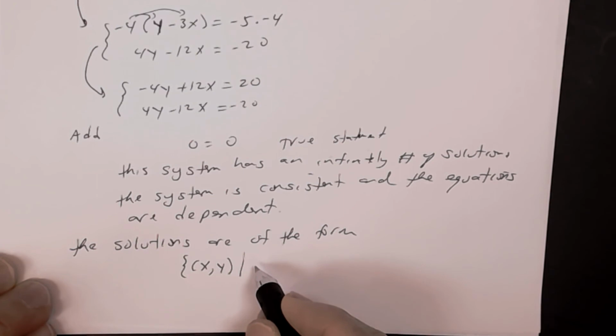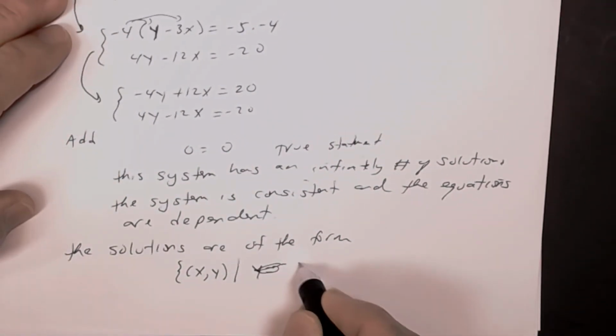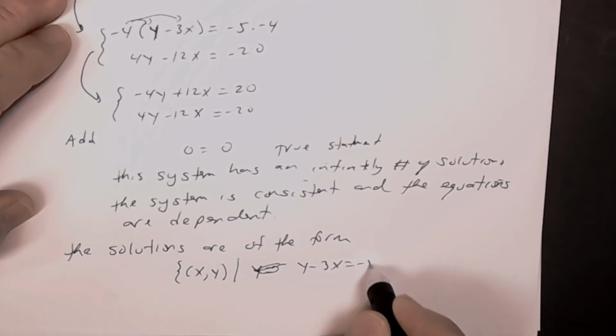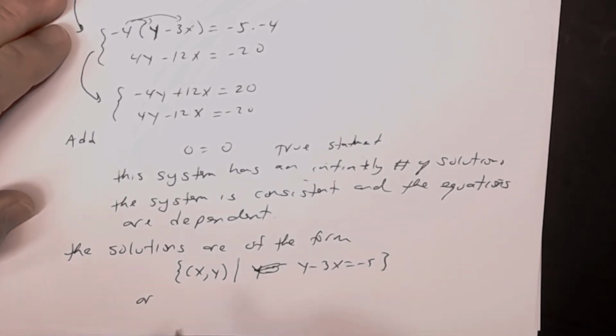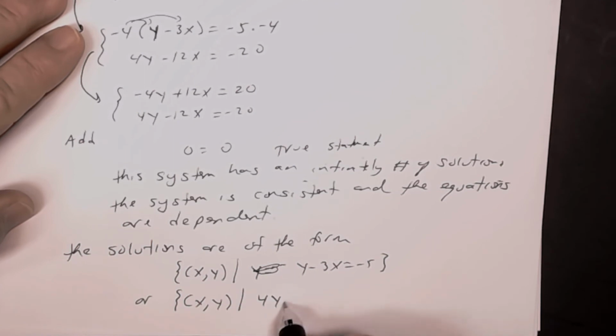So all you have to do is write one of the equations: y minus 3x equals negative 5. So that's one way you can write it. You could have chosen the other one, right? Or you could have said the set of ordered pairs (x, y) such that 4y minus 12x equals negative 20.